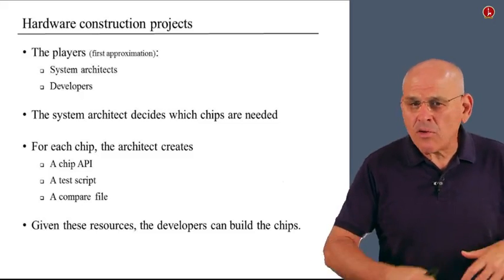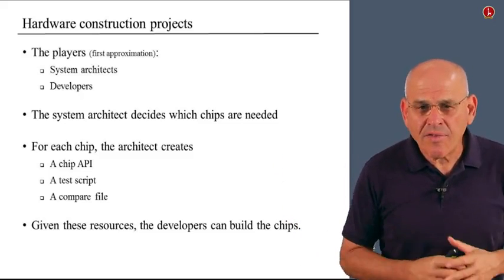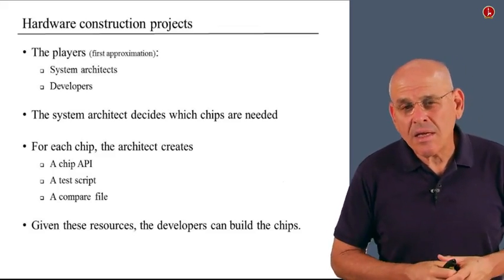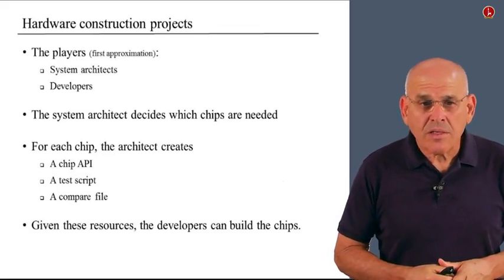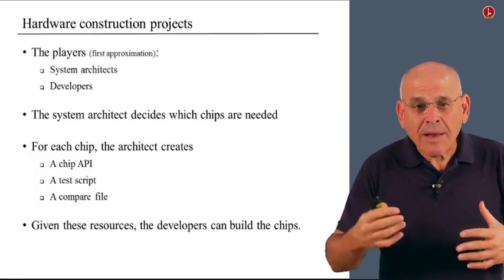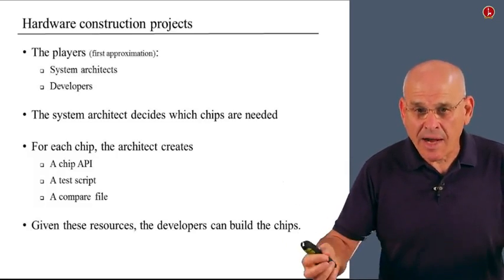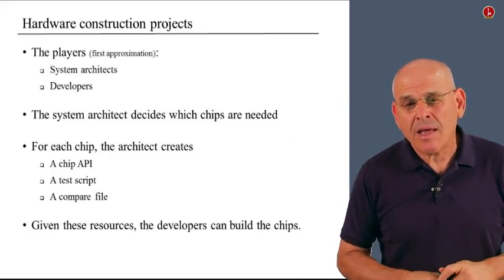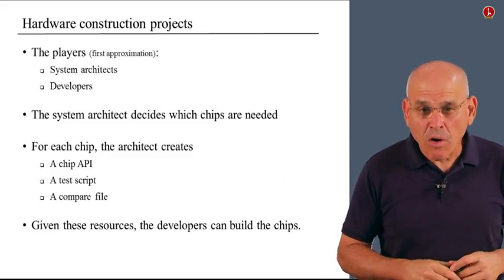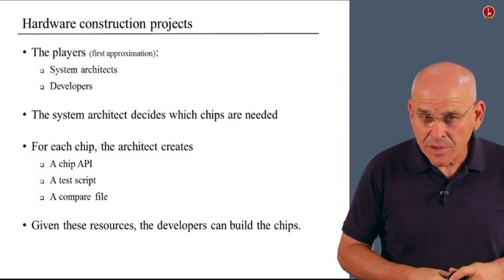So the architects can do behavioral simulation, they can do whatever they want in order to test that everything fits together nicely, and at some point, the developers actually build this thing using HDL. So once again, that's an example of a well-planned modular design, and yet another example of divide and conquer, taking something very complicated and breaking it into a set of more manageable, smaller modules, each of which can be created and tested in isolation.